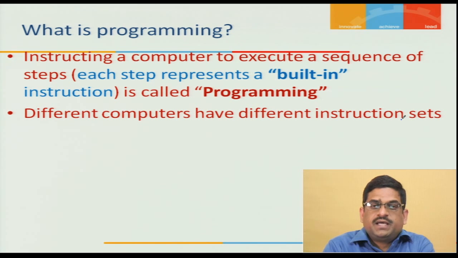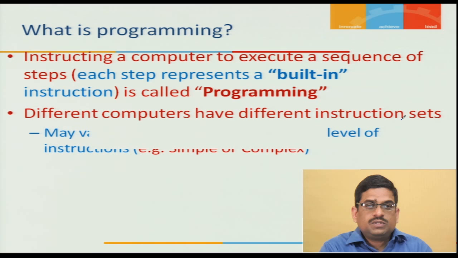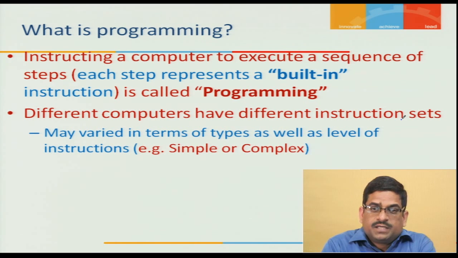These two types of machines are different machines. Different kinds of operations are available. So, if I devise a solution based on an Intel machine, that will not run on a Motorola machine.